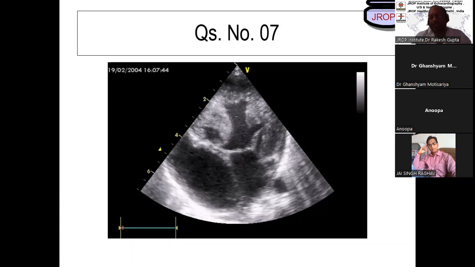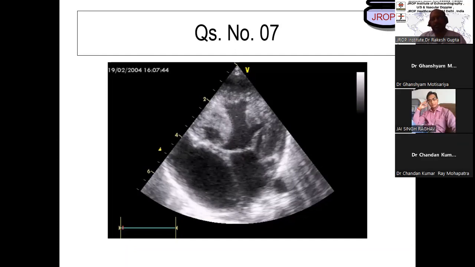Anything else apart from small VSD? That's a great attempt, Ghanshyam. One more reason why this RV is seen. Jai Singh, you want to say something? Please raise your hand. I'll call you by name.